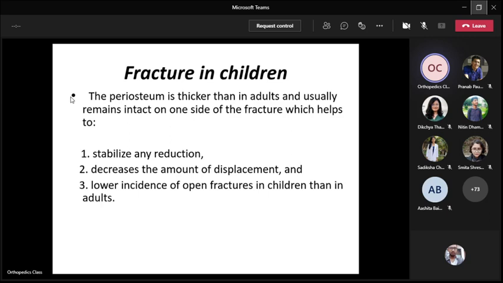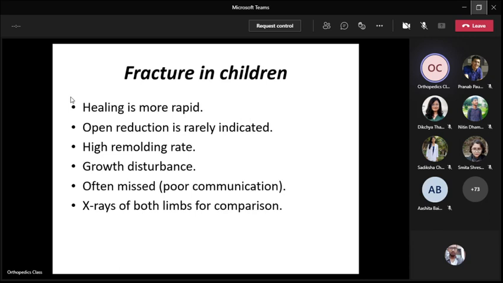And those fractures are called greenstick fractures. Because of this thicker periosteum, it's easy for us to stabilize the reduction, the displacement of the fracture is less in children, and there is less chance of open fractures in children. That's why most fractures are treated conservatively in children in comparison to adults.